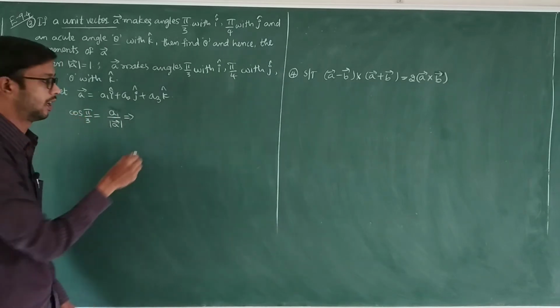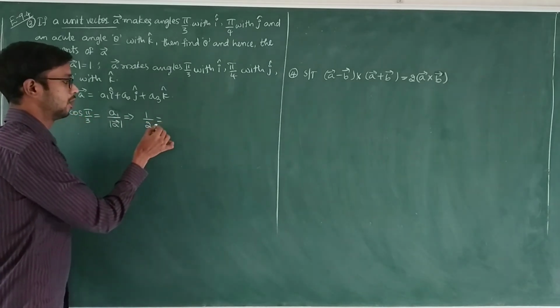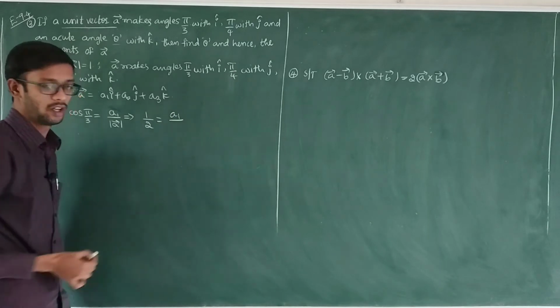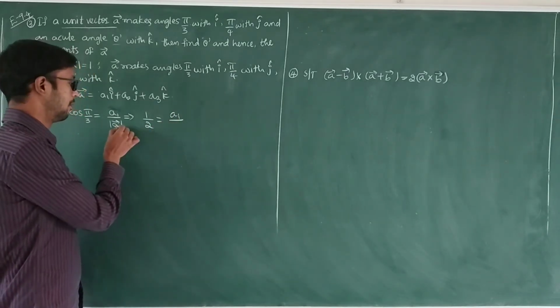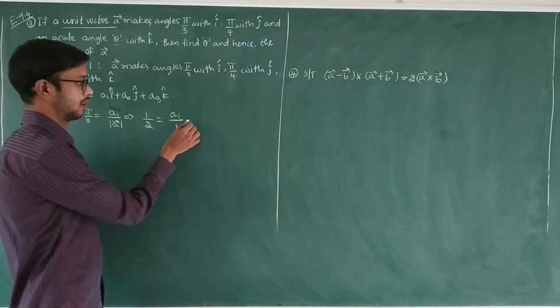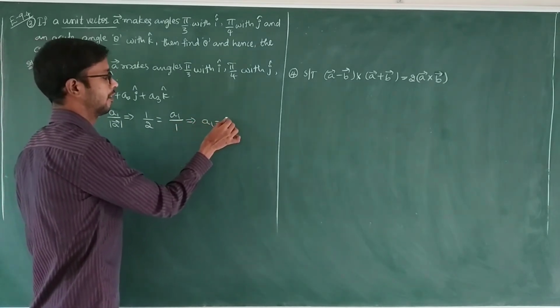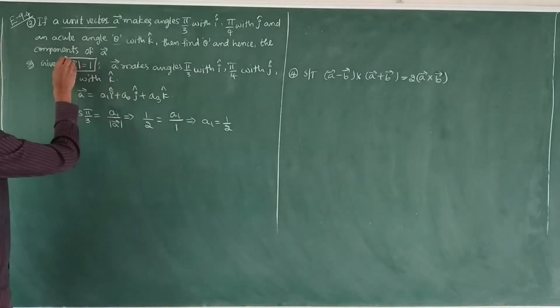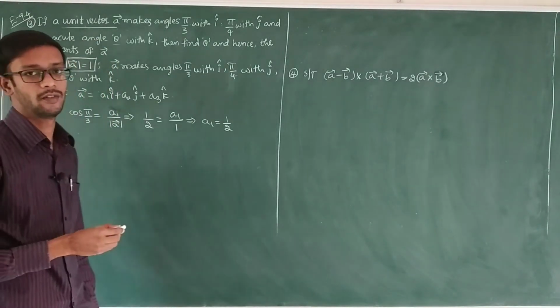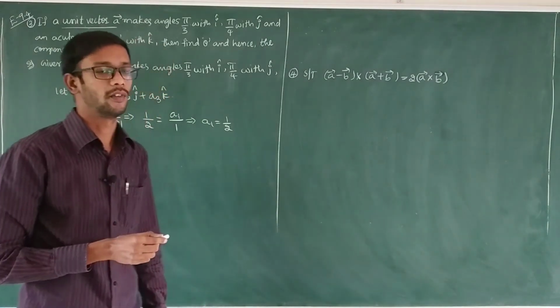Cos pi by 3, that is 60 degrees, is 1 by 2, equal to the coefficient A1 only. We don't know the A1 value, we have to find that A1 also. Magnitude of A bar is 1, it implies A1 is equal to 1 by 2, because it is a unit vector.